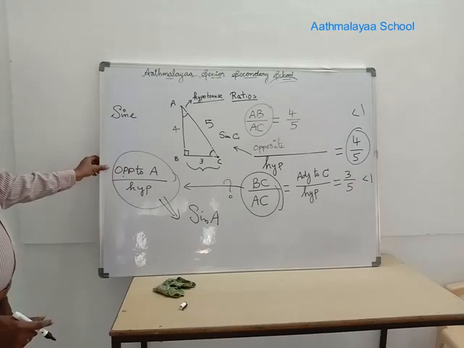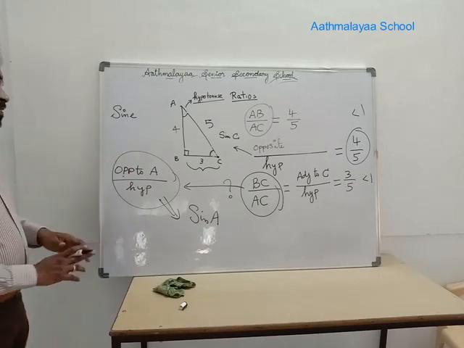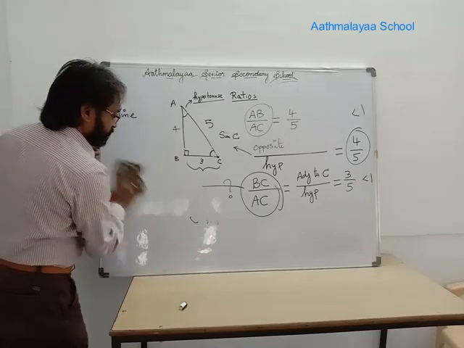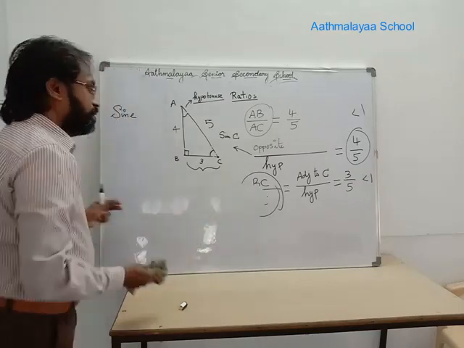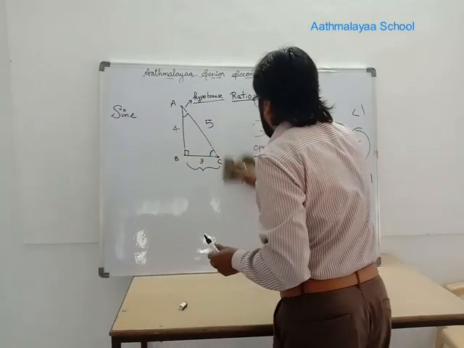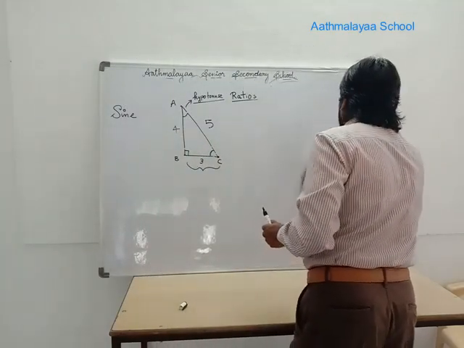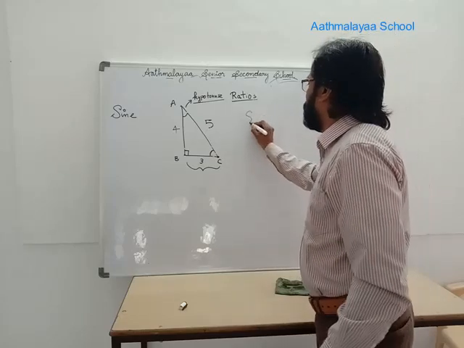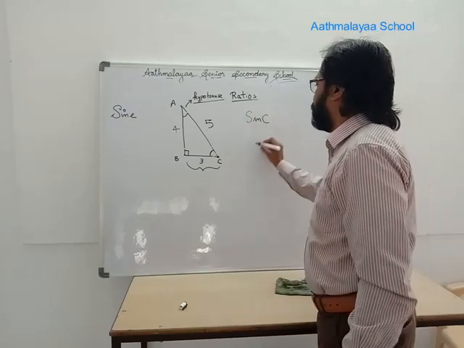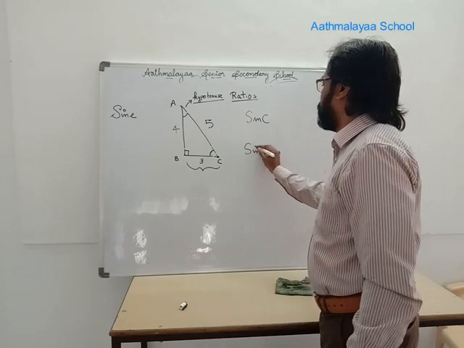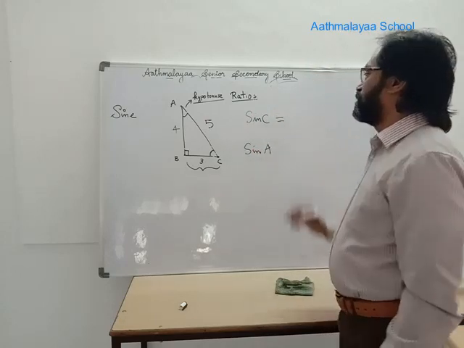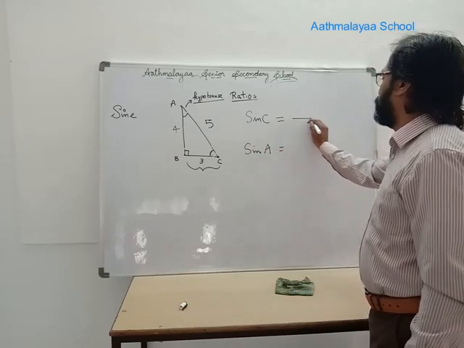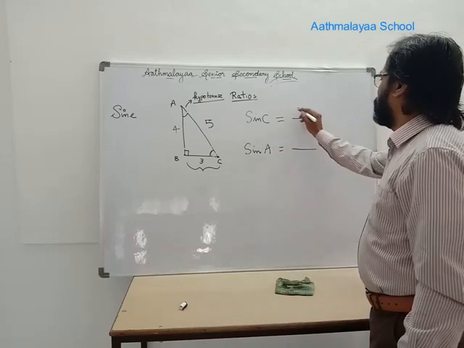Okay, so let me rewrite the whole thing once again. I define two angles in terms of sine. One is sine C, the other one is sine A. Sine A and sine C are defined by what definition?